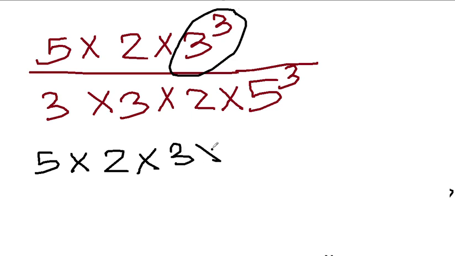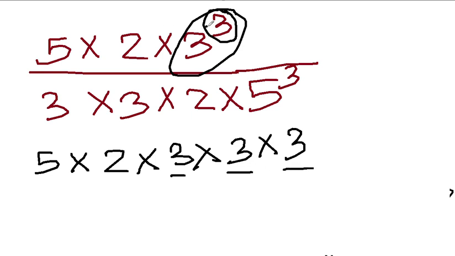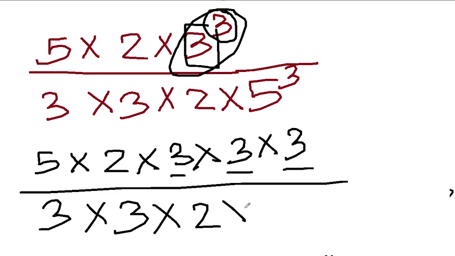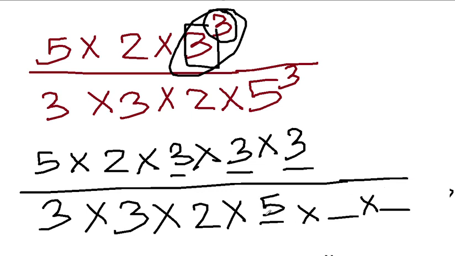It means 3 times 3 times 3. The one which is raised to the power, we are going to put that many blanks, and the base we are going to write that number. Over 3 times 3 times 2 times 5 raised to the power of 3. That means 3 blanks. And what is the base? The base is 5. So we are going to write a 5.